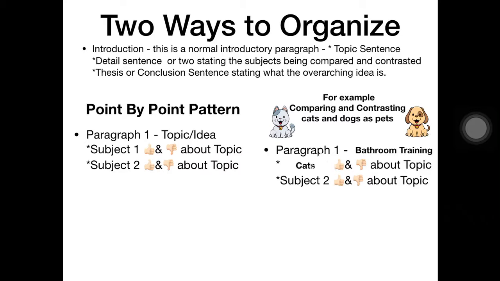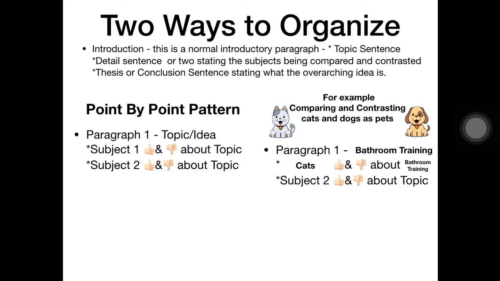If we look at the first one, cats, and we think about the positives and negatives about bathroom training a cat. So those are what our sentences are going to be. There may be one sentence about the positives and one sentence about the negatives of bathroom training, or you may have two positives about bathroom training an indoor cat and one negative.